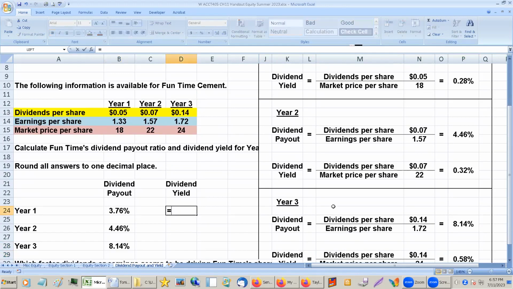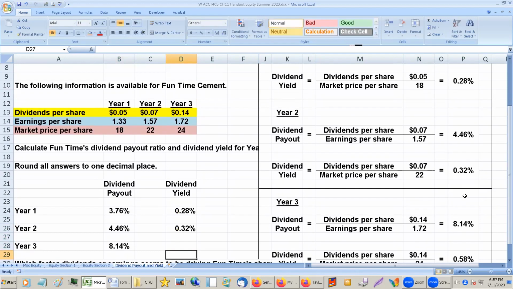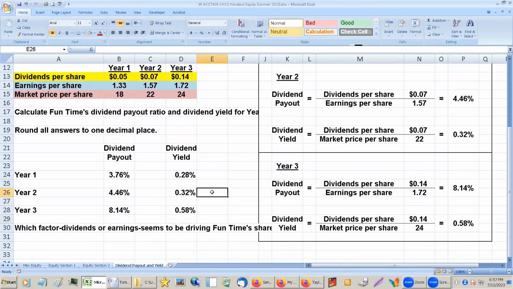And dividend yield. It's not uncommon to have pretty small dividend yields, especially on a growing company. It might be zero if they don't pay any dividends. For years, McDonald's would pay zero dividends because, like in the 70s, the company was growing at 20% a year.